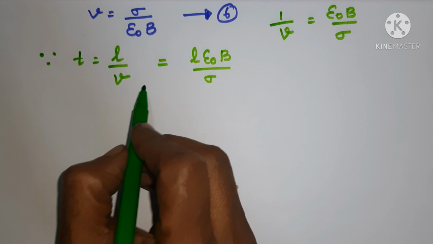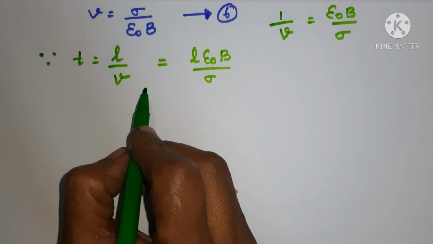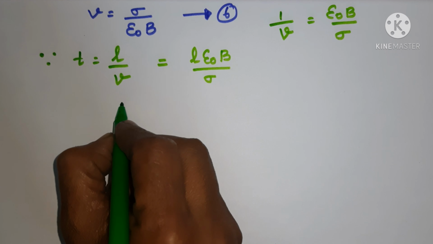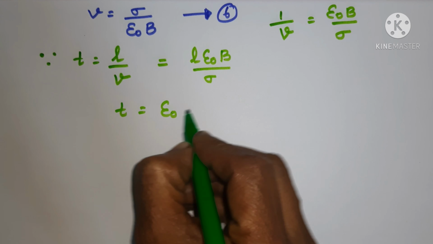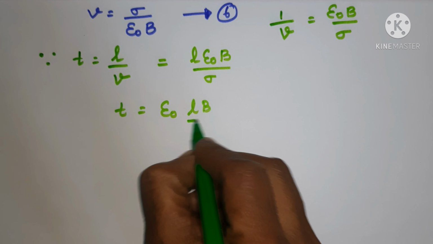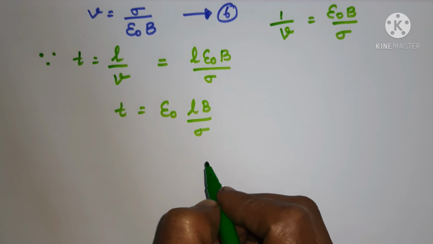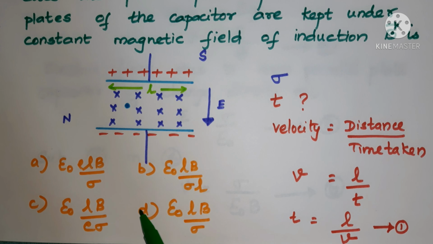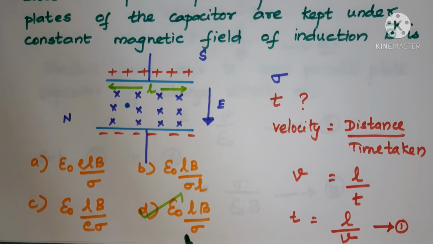So the time taken by the electron to cross the parallel plate capacitor is T is equal to epsilon naught LB divided by sigma. Therefore, option D is the correct one.